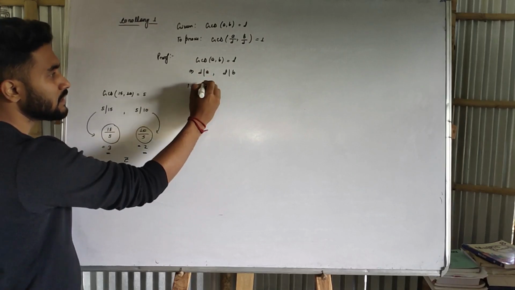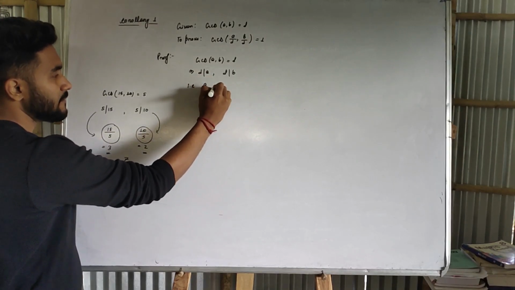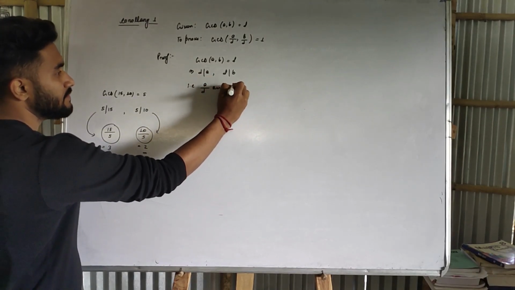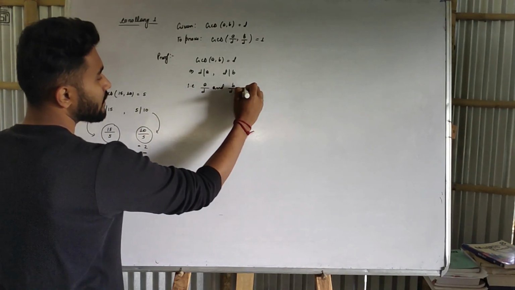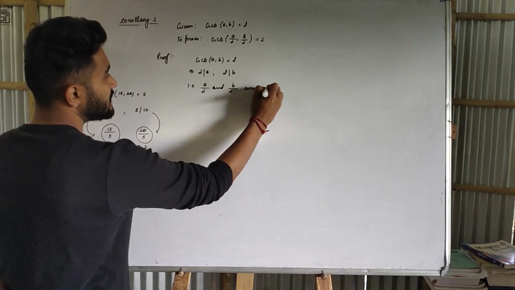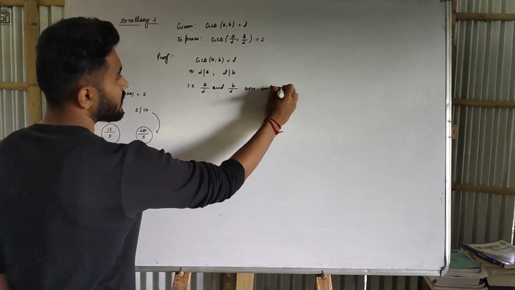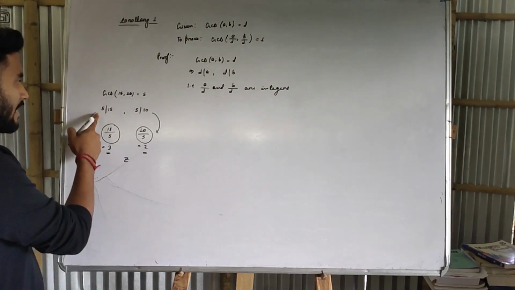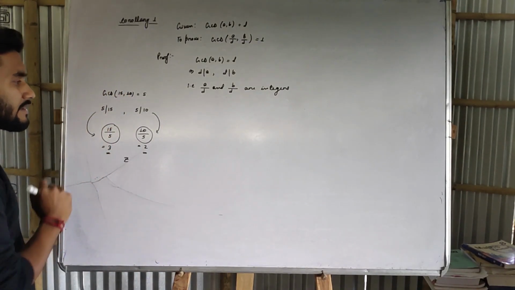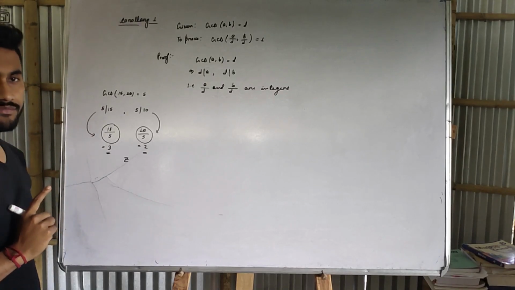Like 5 divides 15, so A by D and B by D are integers. Understood? Because if 5 divides 15, then obviously 15 by 5 has to be an integer.